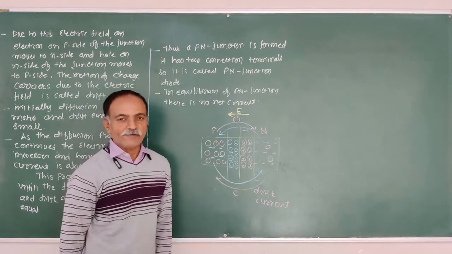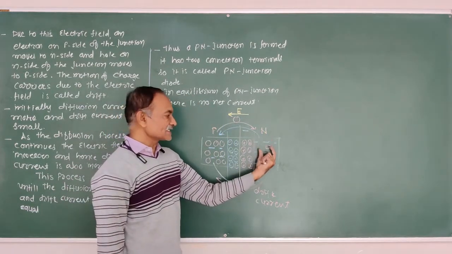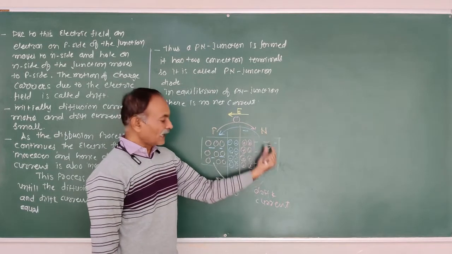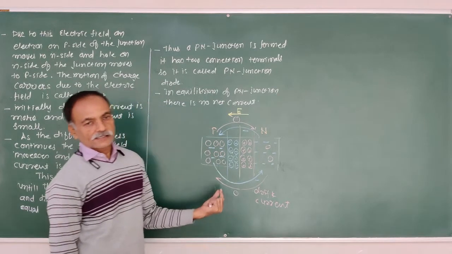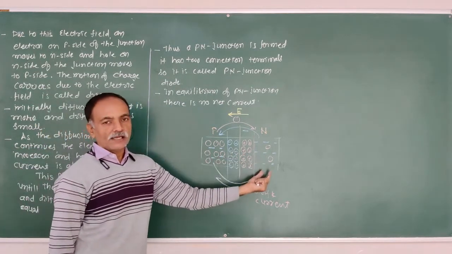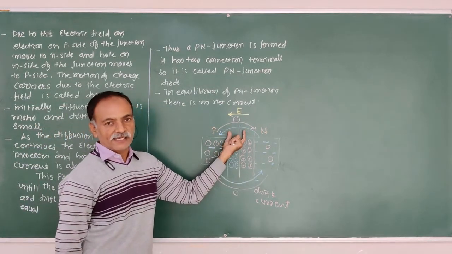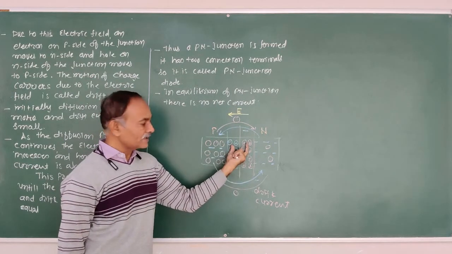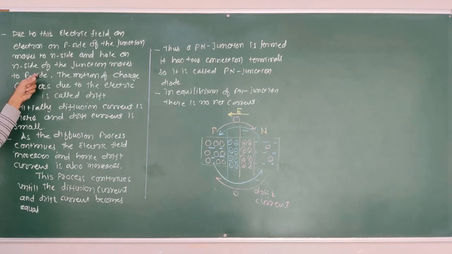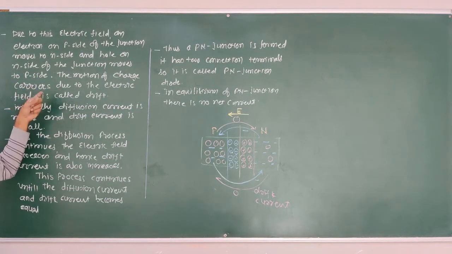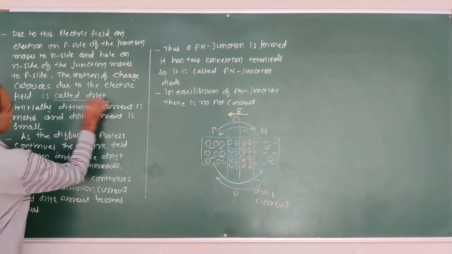In the same way, the minority charge carriers, holes in the N region, move from N to P. The motion of the charge carriers due to the electric field is known as drift.